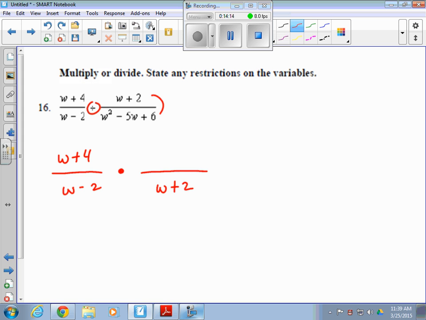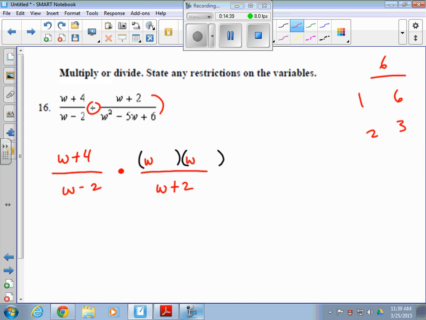We have to factor the trinomial. So in order to factor W squared minus 5W plus 6, we'll multiply W times W to get W squared. Then we're going to take our factors of C, 6: 1 and 6, and 2 and 3. Which pair gets you to B, 5? Both of them actually do. So we have to choose based on the signs.